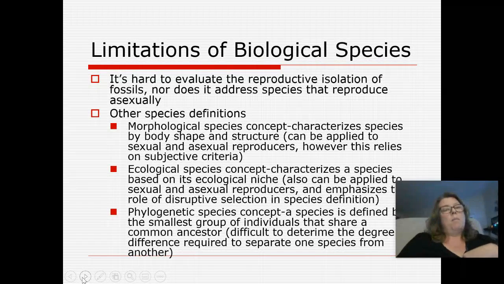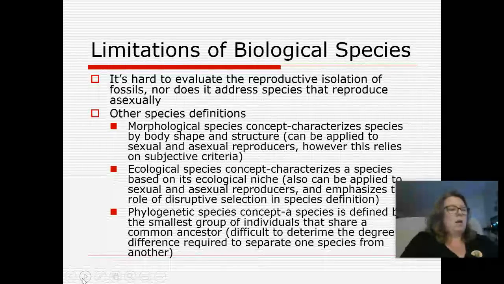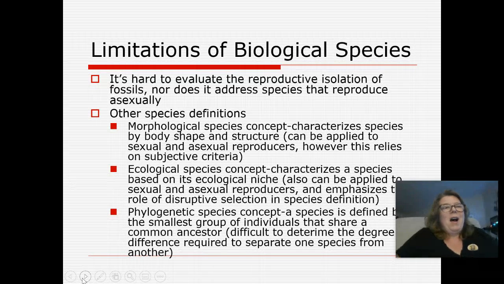All right. It's important to note that this biological species concept is not perfect, okay? I mentioned that there are lots of definitions of species. The big problem is looking at past species, right? You can't really tell what's the point at which this trilobite was reproductively isolated from that trilobite.